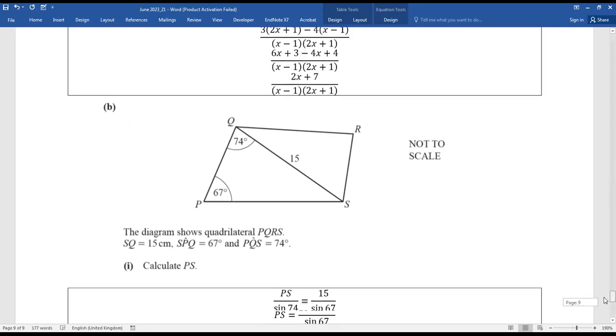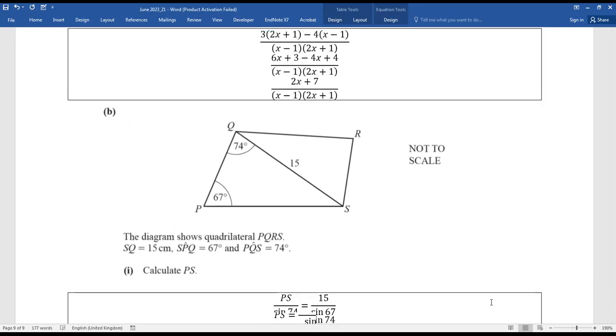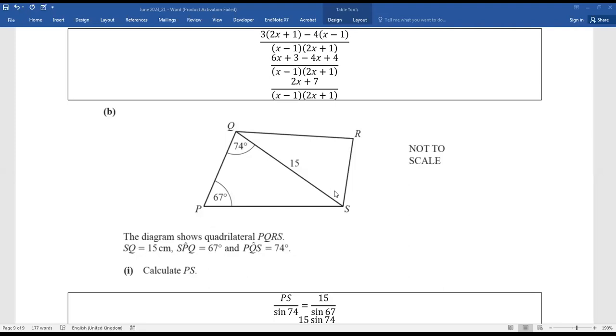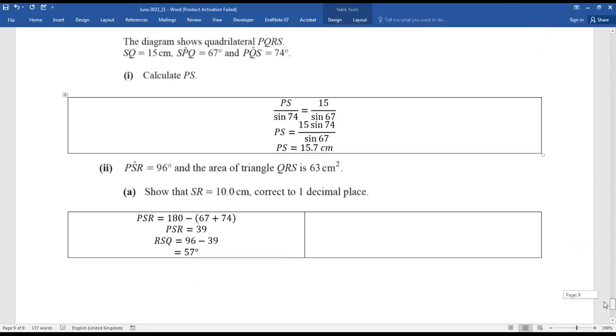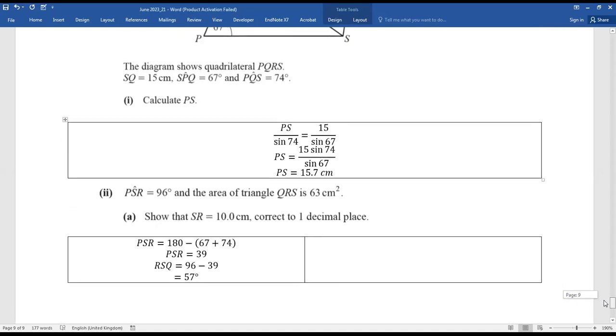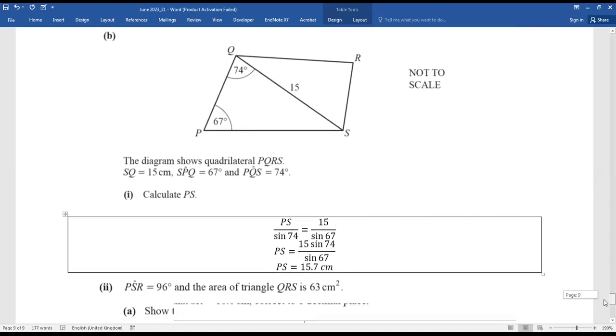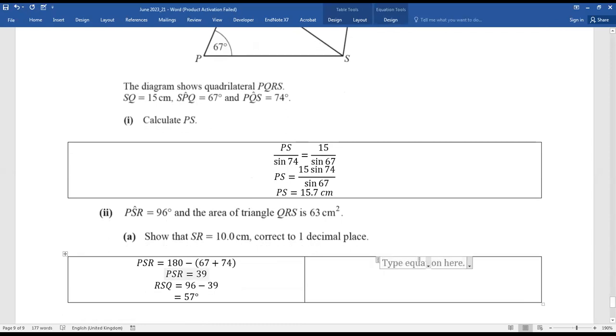Now I already know this small angle S is 57. We have just figured it out. Now the area is already given, 63. Area is half ab sine C, in which we take any two sides and the angle between those two sides. The area is 63. Half, let's take one of the sides, 15.